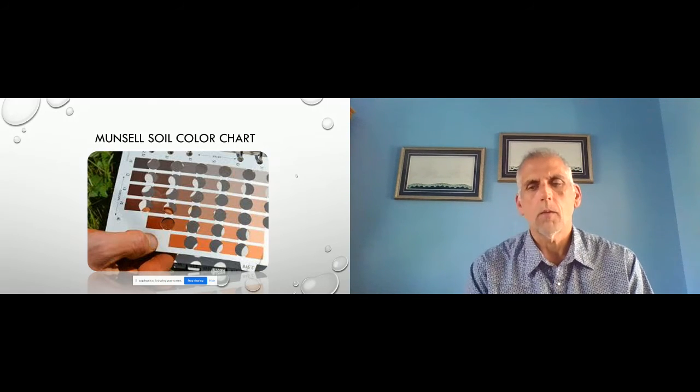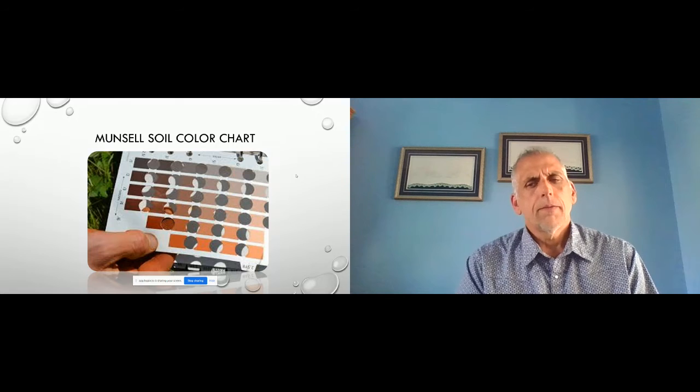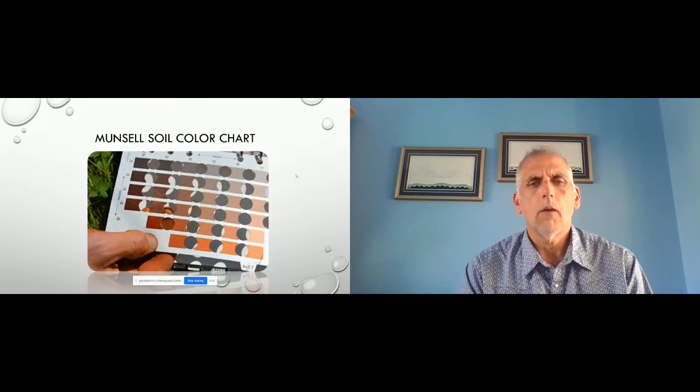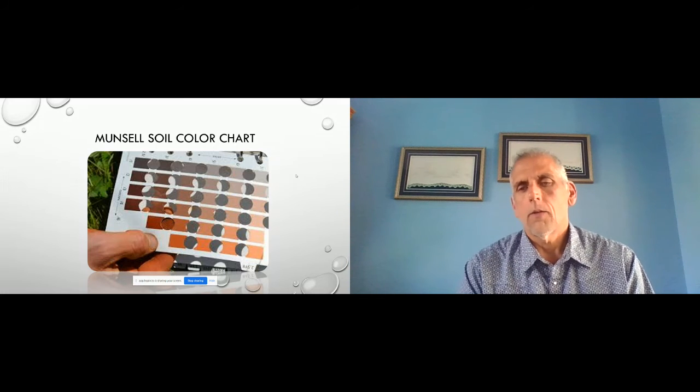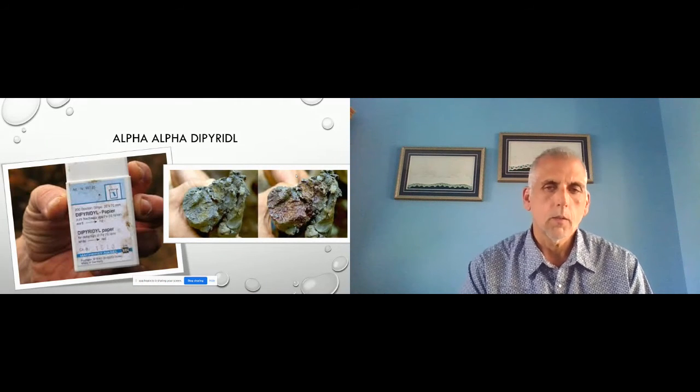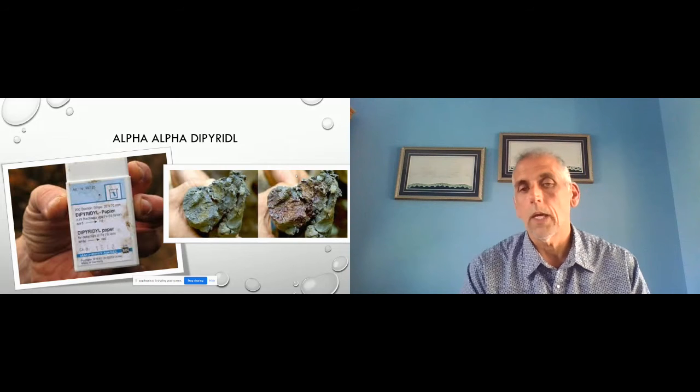Let's see, probably about 15 to 20 years ago, we had something come out called alpha-alpha dipyridyl. And I thought that solved all our problems between knowing if something was true soil wetness. We have things that are called lithochromic, meaning the color comes from the rock, or redoximorphic, meaning the color comes from wetness.